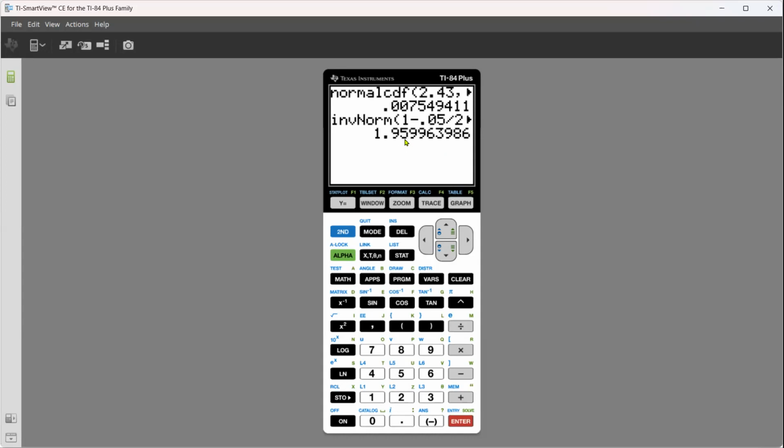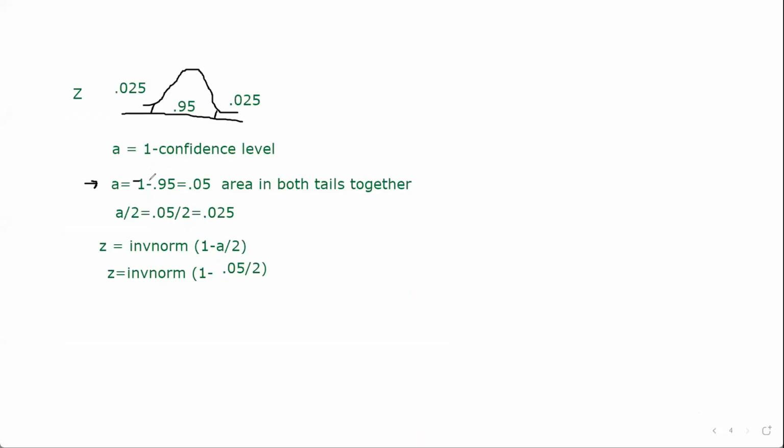No. Okay, good. So now this is going to equal 1.96. Now, what we're going to do is create the confidence interval. I would suggest that the next thing you do is calculate the error separately.